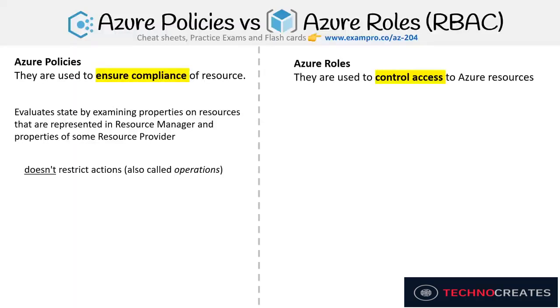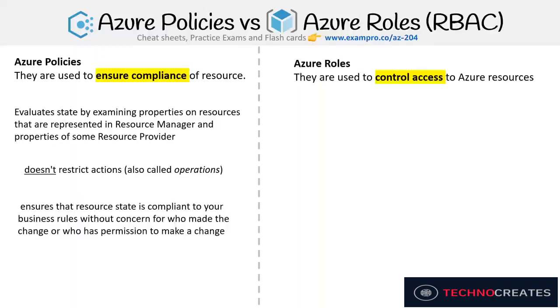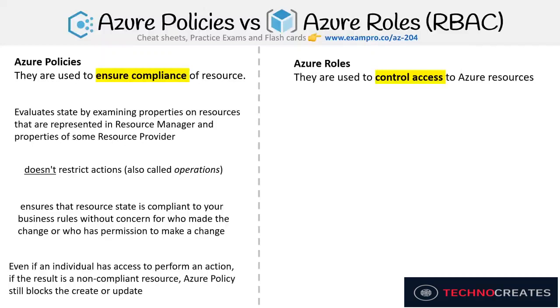They do not restrict actions, and we call this operations. It ensures that resource state is compliant to your business rules without concern for who made the change or who has permission to make the change. Even if an individual has access to perform an action, if the result is a non-compliant resource, Azure policy still blocks the create or update actions there, okay?